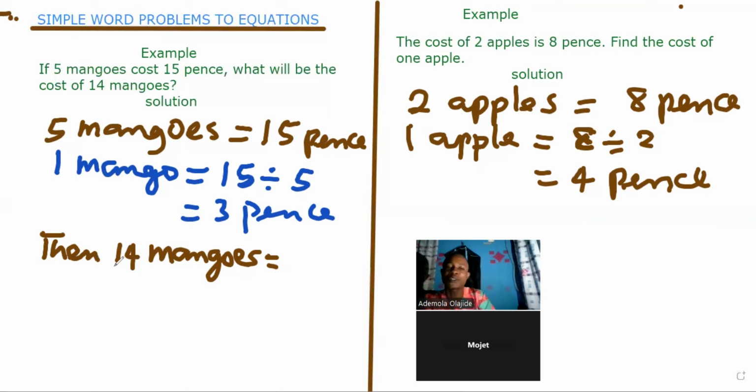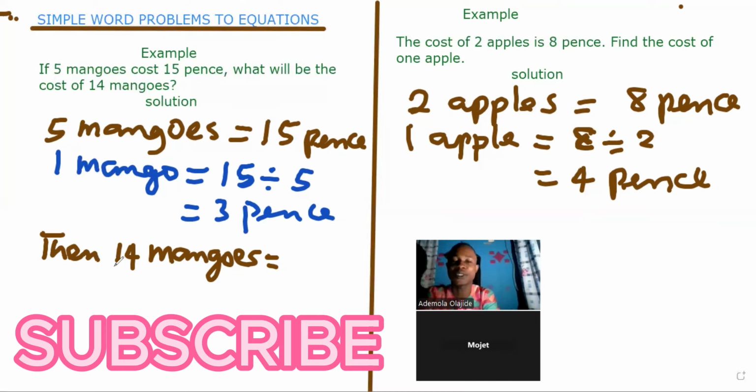That's 3 times 14. It's not about the answer. It's about the interpretation, for you to know whether you are multiplying or dividing. I didn't ask you to give me the answer for 3 times 14. It's about how you know whether you are going to say it's 3 times 14 or 14 times 3, rather than the one you said, that we divide. So it's going to be 3 times 14.